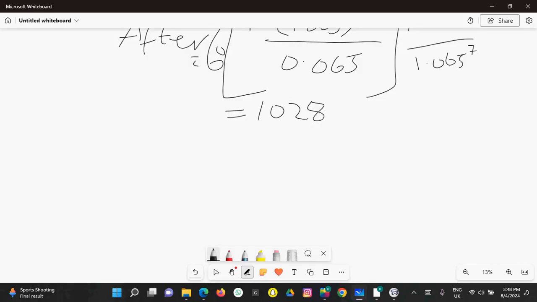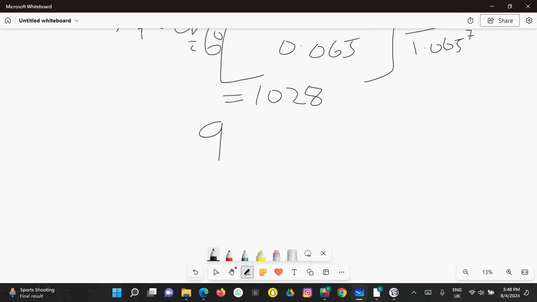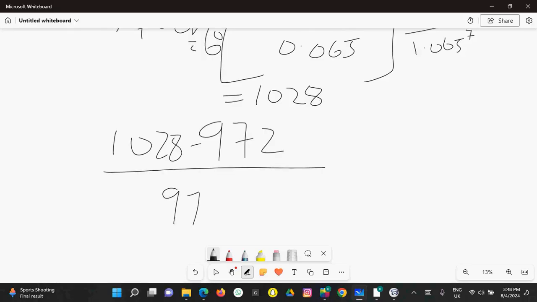So increment, 1028 minus 972, sorry, all over 972, because 972 was the first price before it changed. Times 100.